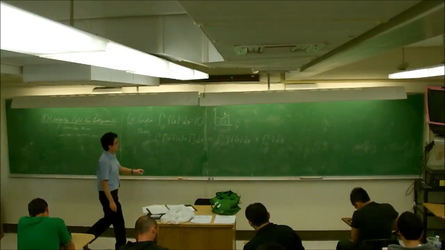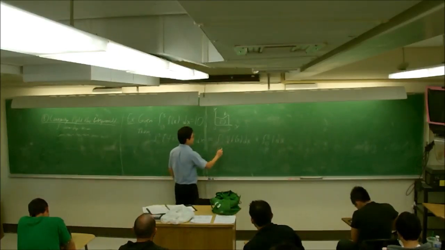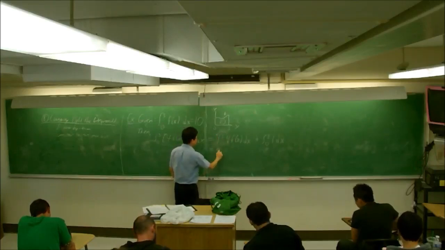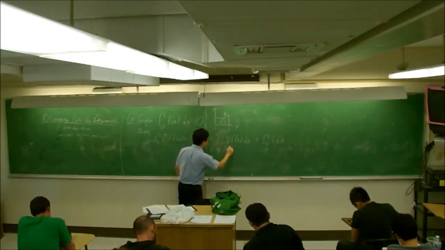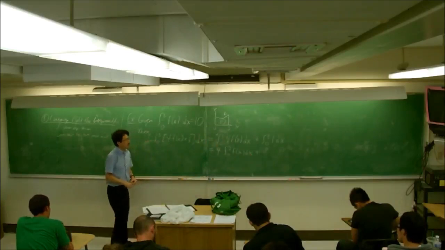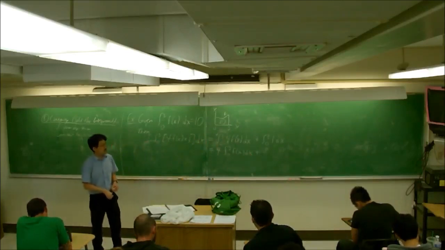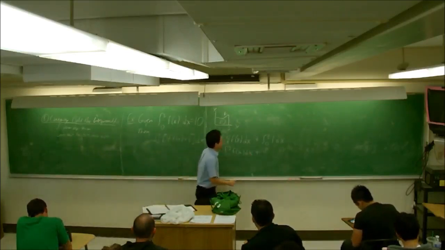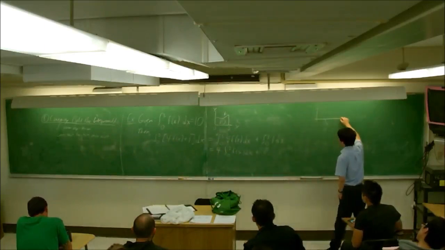And then, what can I do with this constant factor here? Pop it out. So the 4 goes on the outside: 4 times the integral from 0 to 3 of f of x dx, plus, now wait a minute, I should be able to figure this out from the geometric interpretation. Sometimes the geometry makes things very simple.